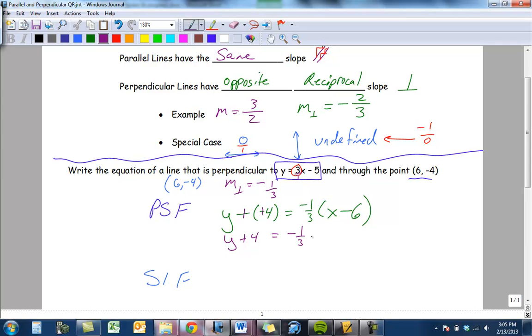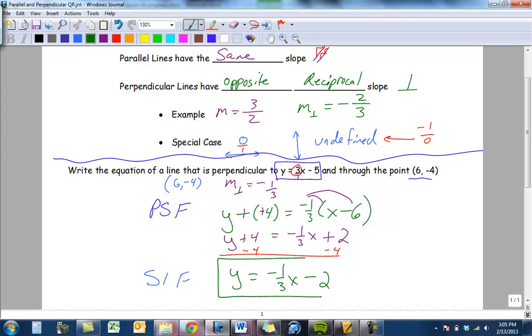Now, negative 1/3 times -6, negative times negative is positive. 1/3 of 6, if you get your calculator, you'll find that 1/3 of 6 is 2. Subtract 4 from both sides, and you get y equals -1/3 x minus 2. That is slope-intercept form. This one would be point-slope form.